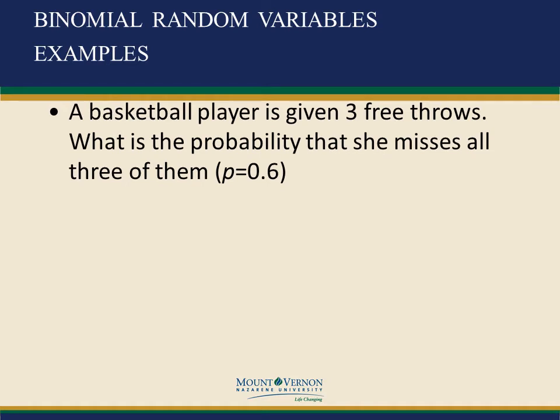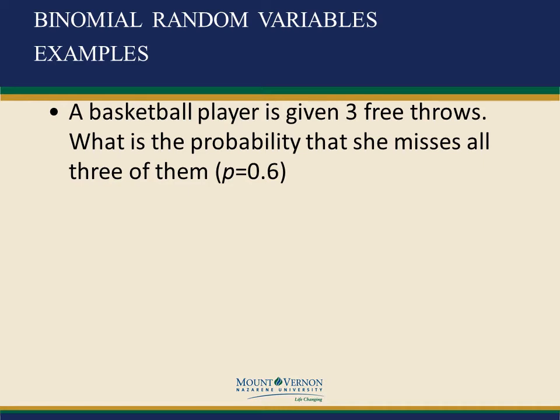Here's another problem. This one is another relatively simple example of a binomial random variable. In this case, a basketball player is given 3 free throws, and we want to know the probability that she misses all 3 of them. Notice that here we're just interested in a single value, that is, that she misses all of them, rather than a range of values.